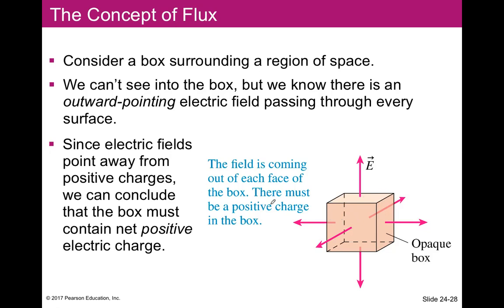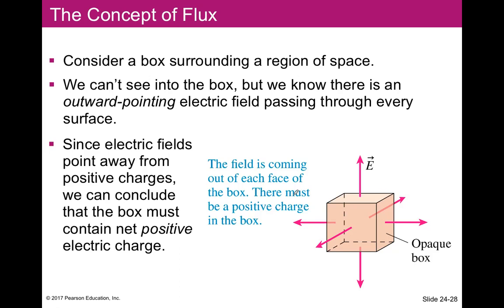Since electric fields point away from positive charges, we can conclude that the box must contain some net positive electric charge. That makes sense, right? Even if you don't know what's inside the box, you know the field lines are always going out, so you should have some intuitive idea about the charges.